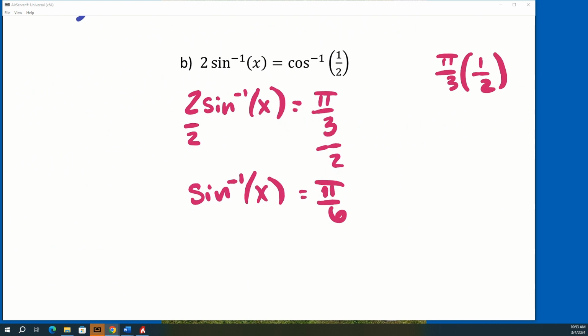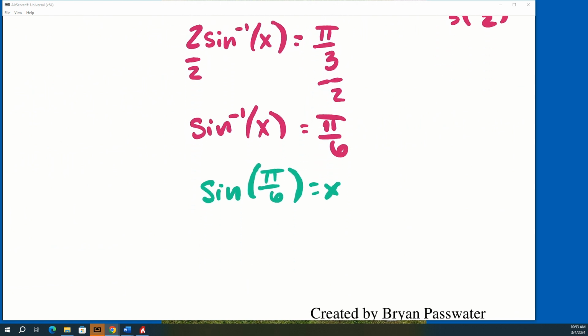All right, so now we're ready to write this arc sine equation as a sine equation, where the sine of pi over 6 is x. All we need to do is look at our unit circle and figure out what the sine of pi over 6 is, or maybe just use it in your brain, 1/2.